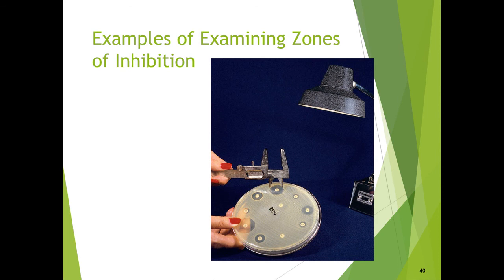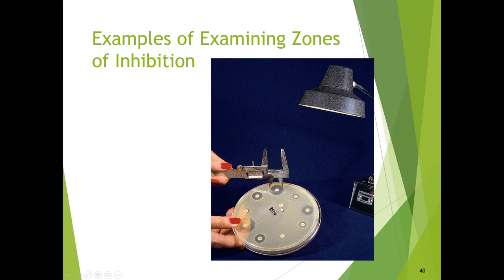We've got a nice lawn of growth between our discs, and this person is measuring in millimeters the diameter of the zone of inhibition. So for each antibiotic, you're going to measure that diameter, and you'll look up that diameter in our reference manual to determine if it's sensitive or resistant.